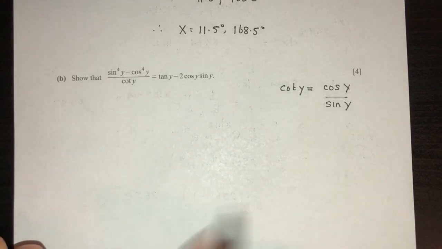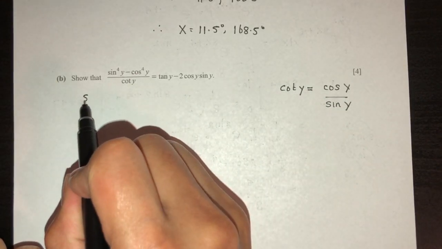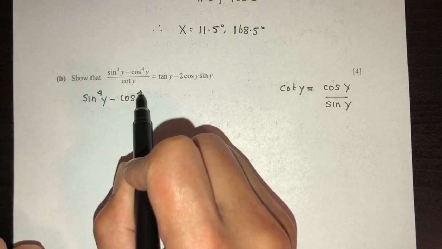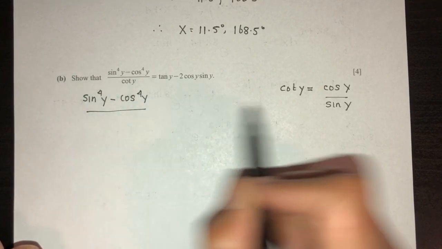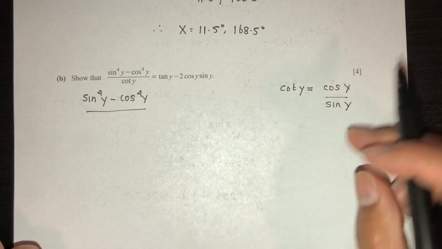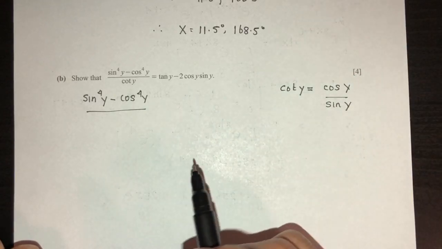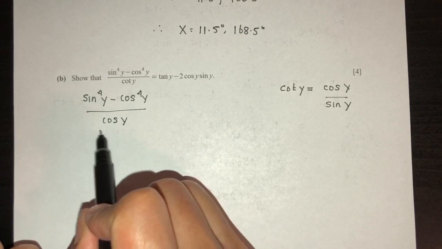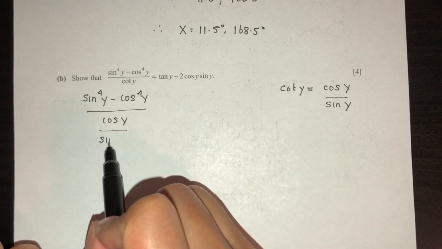Now we can replace this here. Let's see what happens. You will have sine power 4y minus cos power 4y, divided by this. When you divide, you can flip this upside down and multiply. So let me first write this down. You will have this over sine y.